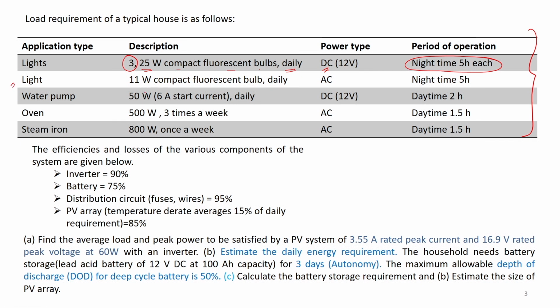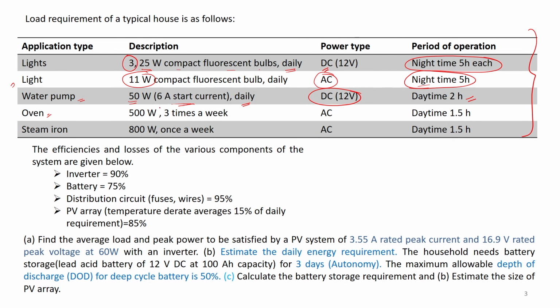One more light is rated at 11 watt compact fluorescent bulb, operated daily, but its power requirement is AC, alternating current, and it will operate for 5 hours. And a water pump of rating 50 watt with 6 ampere starting current is needed daily. The power requirement is DC, and it will be operated 2 hours every day.